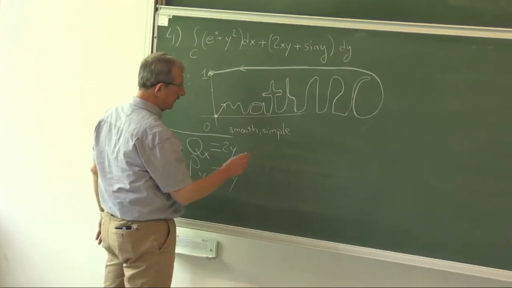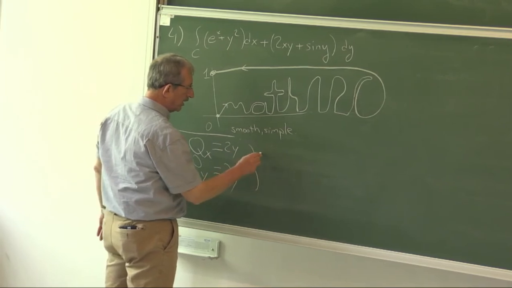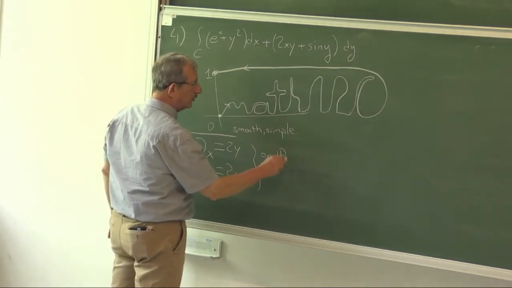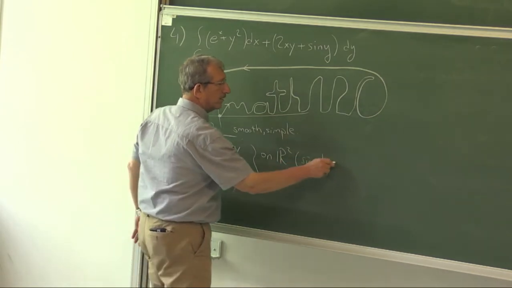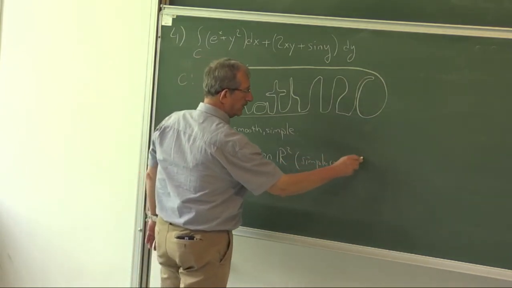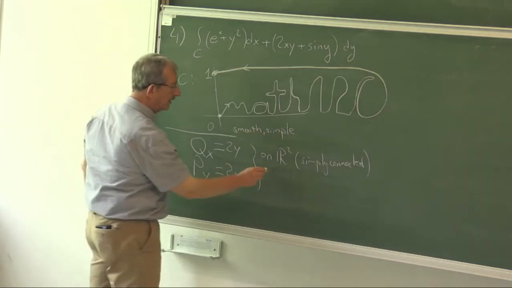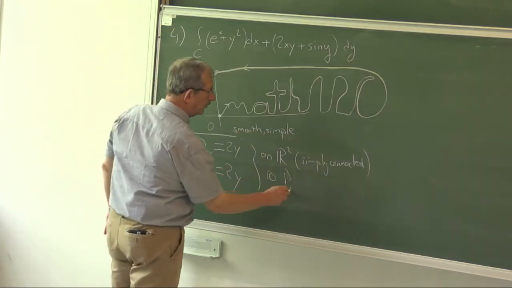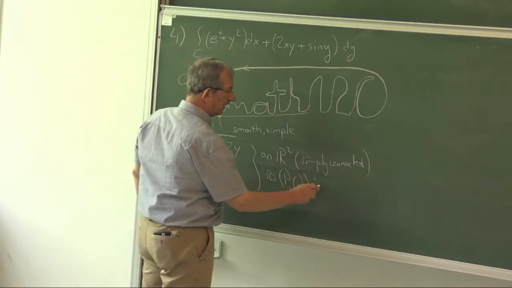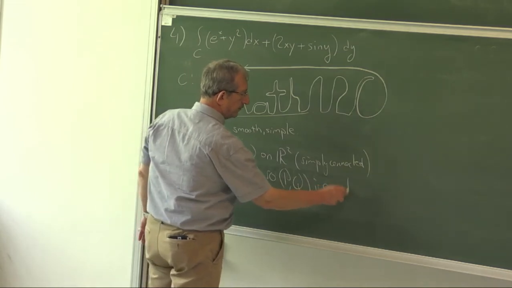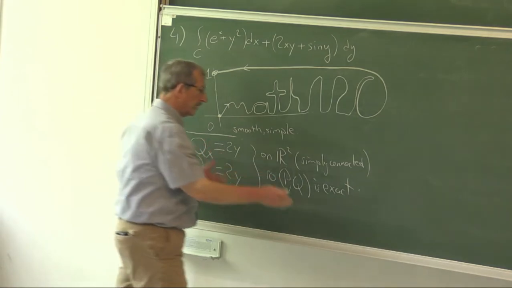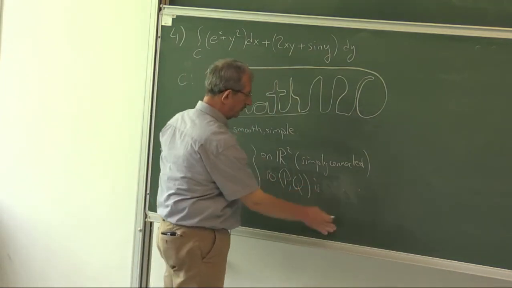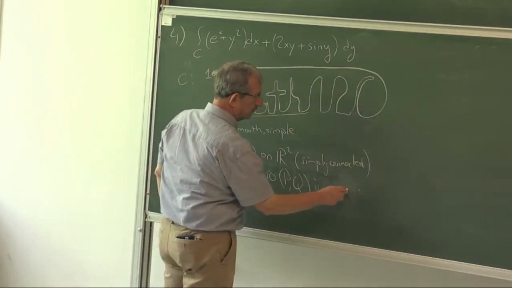So this is true on R2, which is simply connected. It has no holes in it. So, P, Q is exact. I mean, okay, I always use the math terminology, is conservative. Okay.